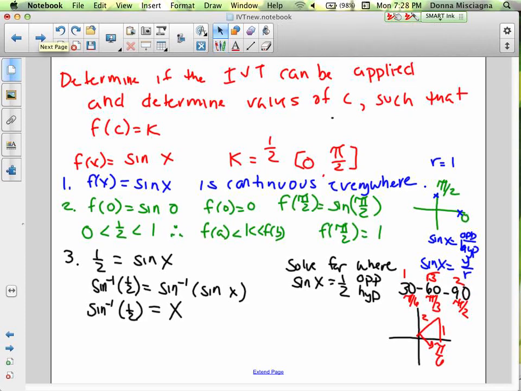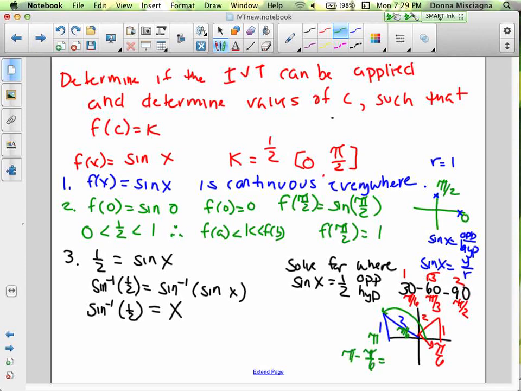We could also have it in the only other place where sine is going to be positive, over here, with 1 and 2. Right here, that's pi. This is still pi over 6. So to find this spot, we're going to take pi minus pi over 6, which is 5 pi over 6.